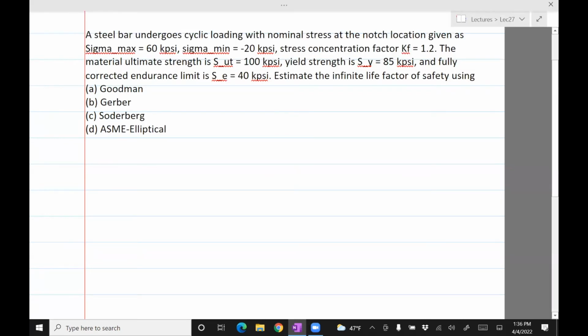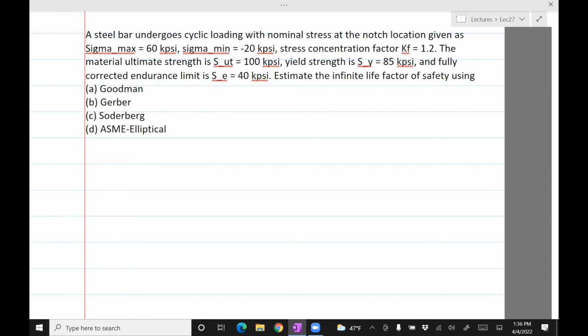It turns out this question is not so different from the previous one. In fact, we've done this problem for the Goodman band. We already computed NF for that. Did I change the values? No, it's the same. So it's just a matter of using these equations for the other three, B, C, and D. So let's just do that.